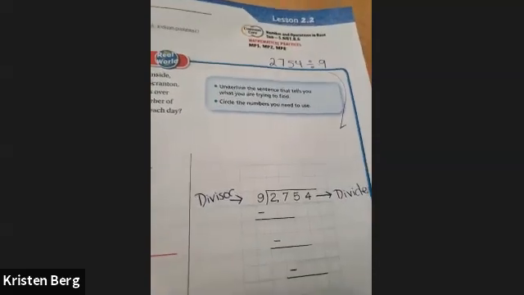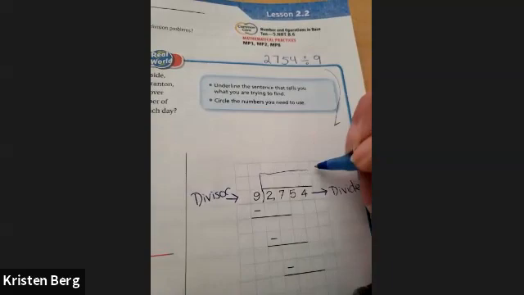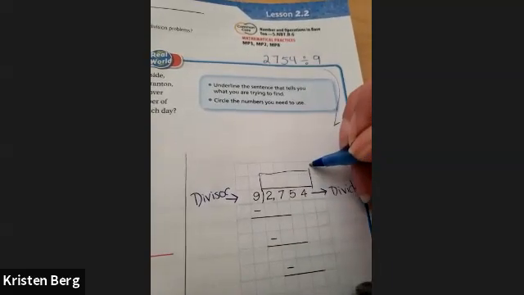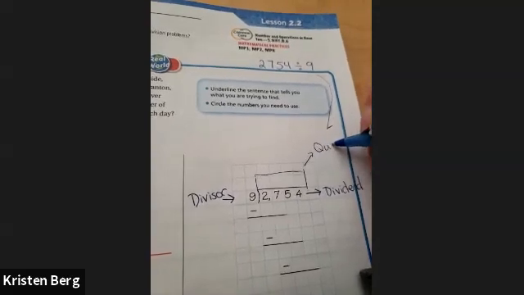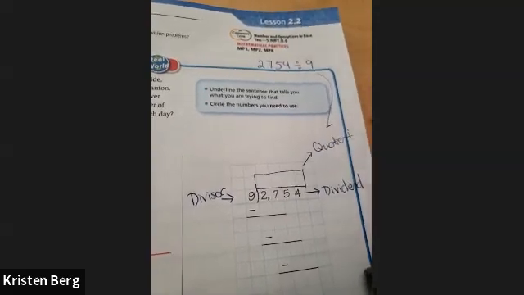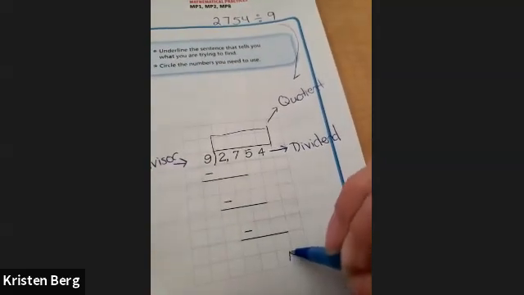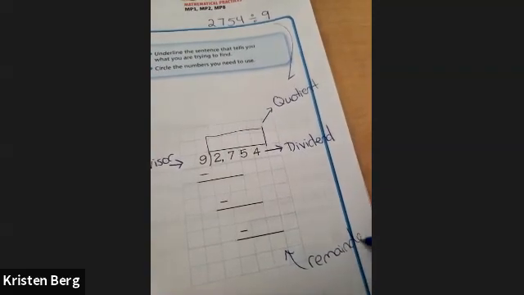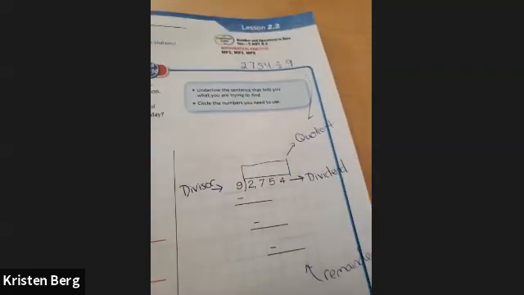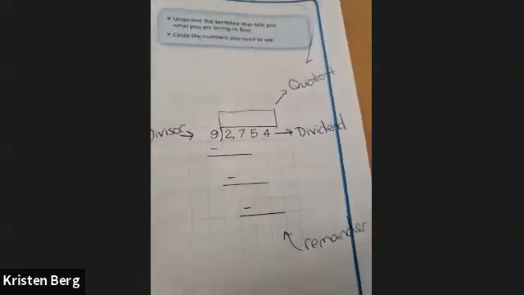And then whatever you find up here as your answer, this is always going to be your quotient. A quotient means the answer to a division problem. And then down here is always going to be your remainder. So that is just showing you the vocabulary of how to do this correctly. So this is just the beginning.